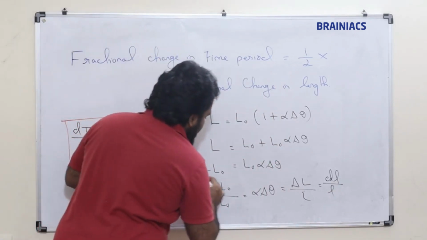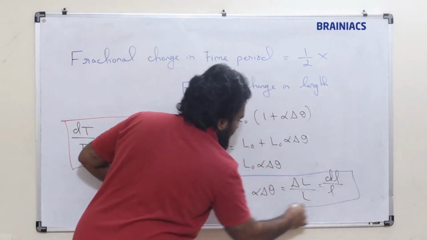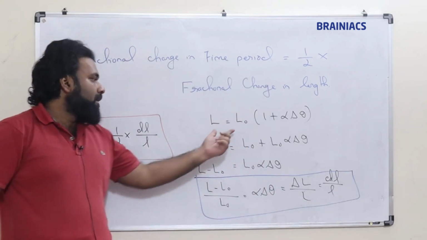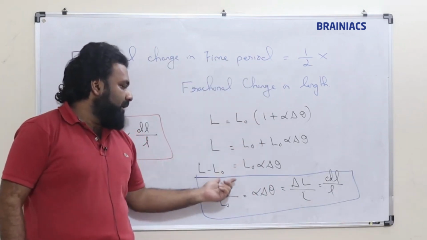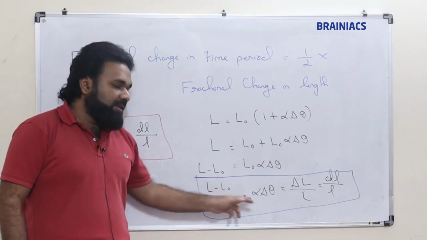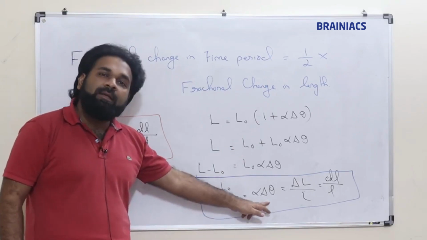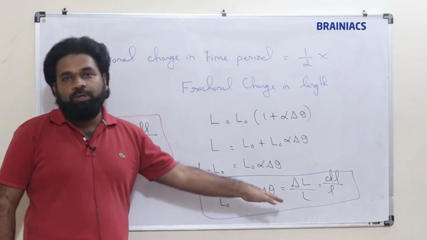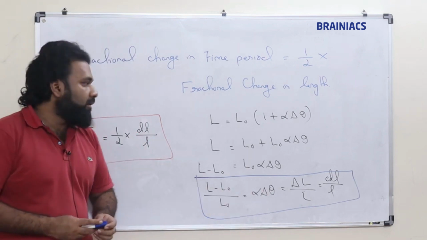Are you able to follow this relation? From this formula I have taken the fractional change in length. Fractional change in length is equal to alpha delta theta, the coefficient of linear expansion into the change in temperature theta.